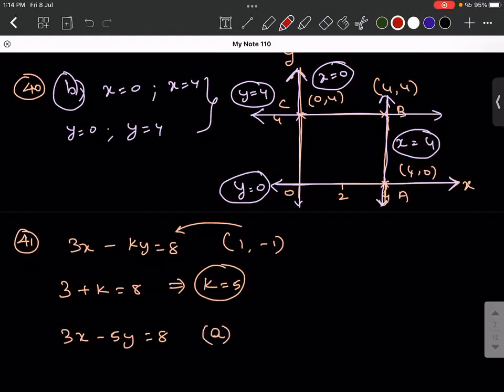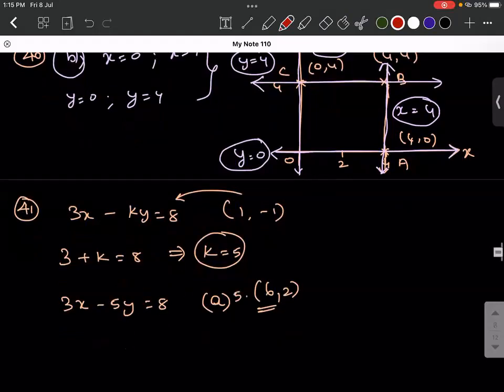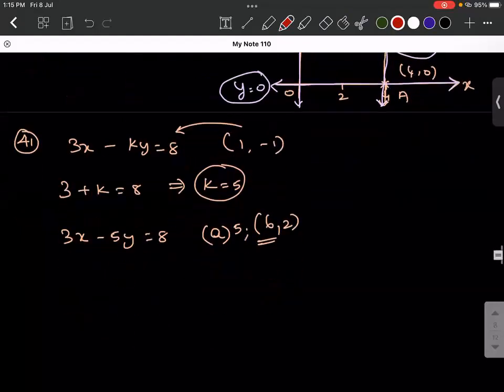What about others? Not working, no? We got that. Sometimes there may be more than one option, so it's better we always check it. They don't satisfy, no? So yes, you should always be careful with it. 6 comma 2 is the answer.